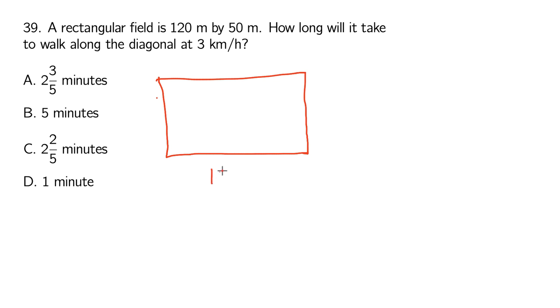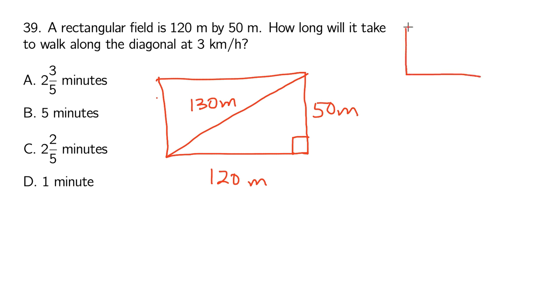One side is 120 meters, the other side is 50 meters, and we have a diagonal here that we're supposed to find. Now this diagonal, if you notice, is going to be 130 meters because this is a right angle triangle, and this is none other than the famous 5, 12, 13.